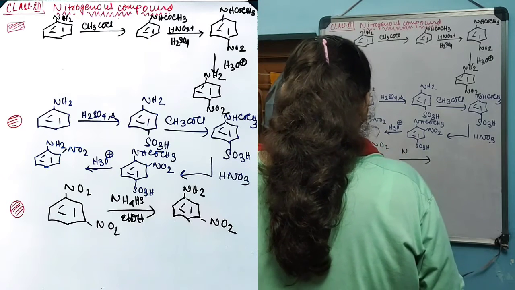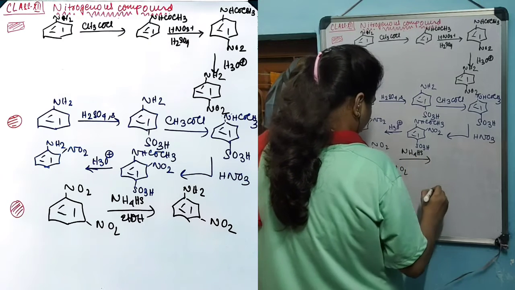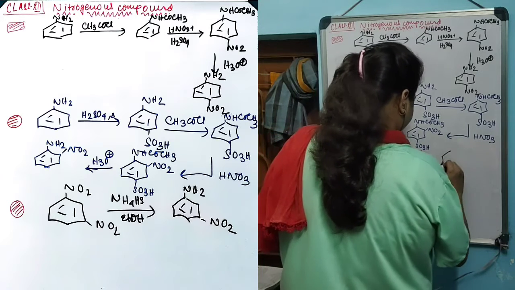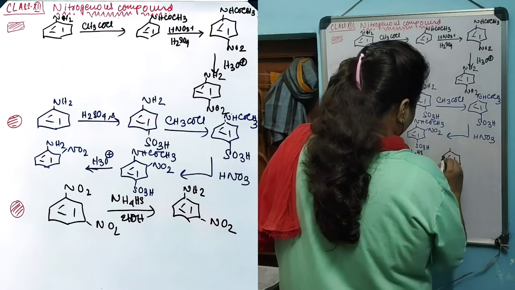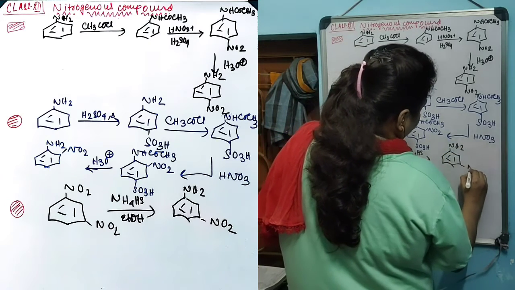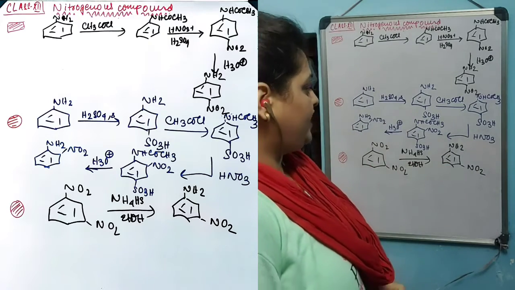By treating meta-dinitrobenzene with this compound in ethanolic medium, we can convert one of the nitro groups to NH2, which will lead to meta-nitroaniline.